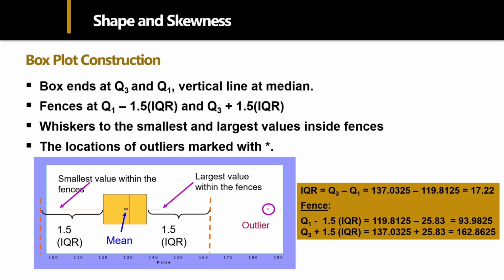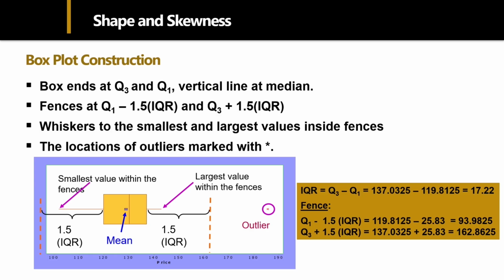Going back to the results from the Minitab example of the housing prices is the box plot. For a box plot, we have several features here. We have the vertical line in the box, that's the median. Q1 is the first vertical line of the box, and the rightmost vertical line is Q3.